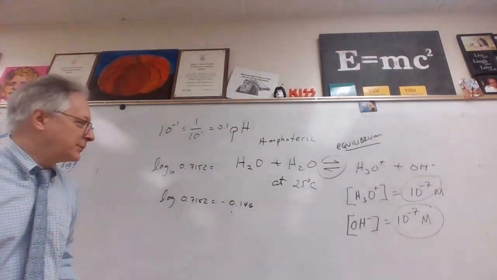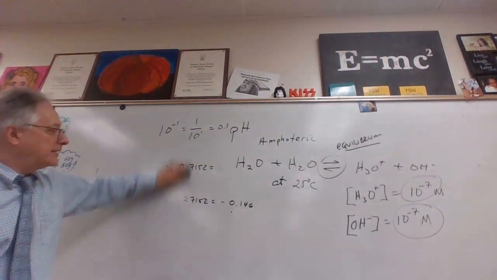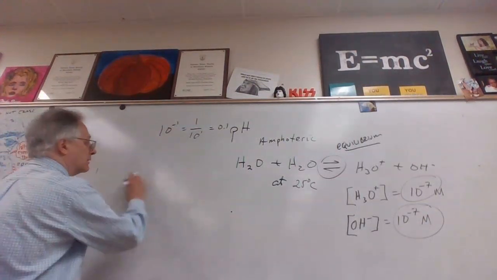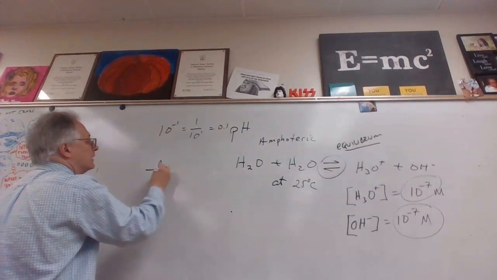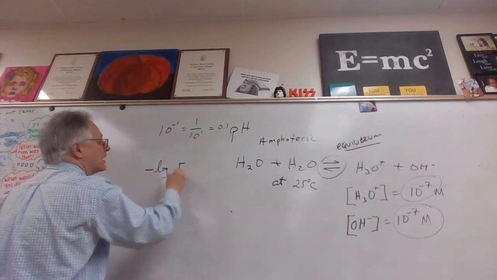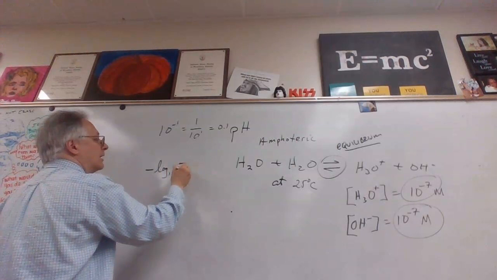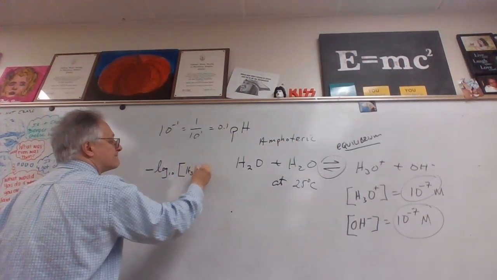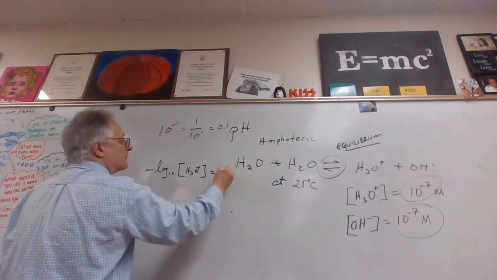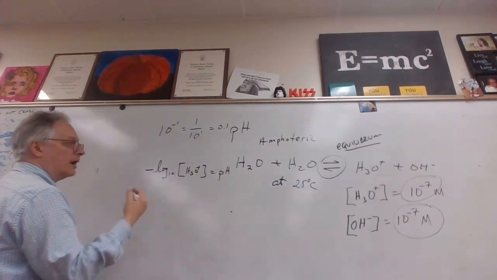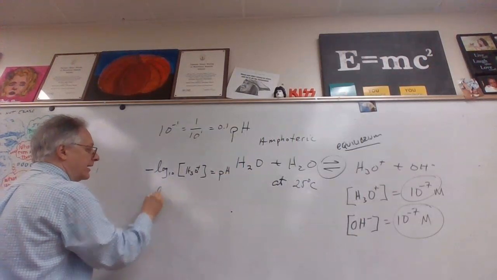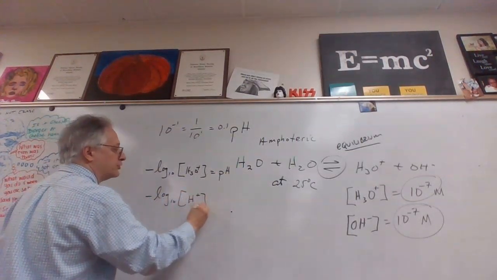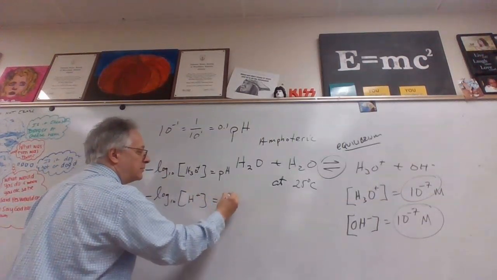You might be saying, well, how does this relate to pH? Well, I'm going to tell you, and this is certainly something you want in your notes. The negative log base 10 of the concentration of H3O is equal to pH. Another way to write that, if you like, is the negative log base 10 of the concentration of hydrogen ion, it means the same thing, is pH.